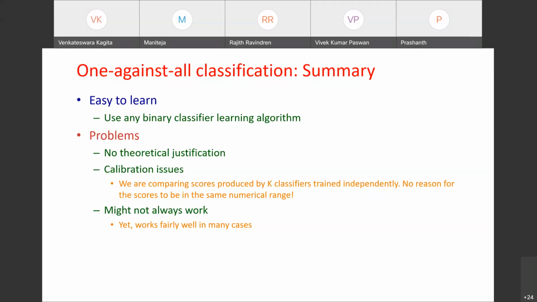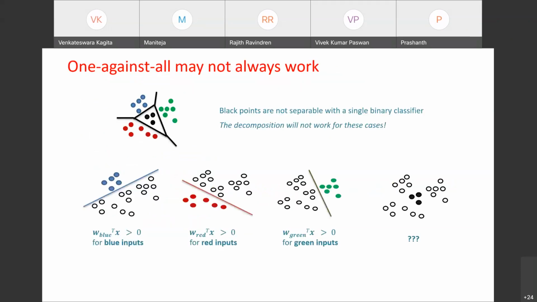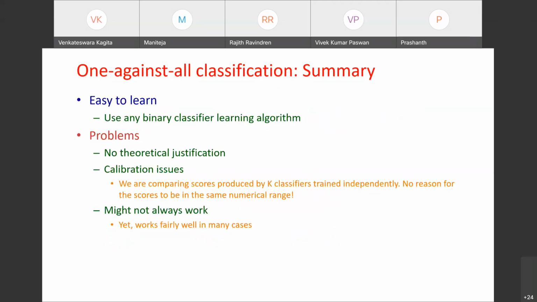What are the calibration issues? We are learning each classifier separately. The learning for this is separate from the learning for this and for this. When you're learning them separately, there is no reason that the scores should be in the same numerical range. The score can be in a different range because the initialization is different and the learning phase is different.